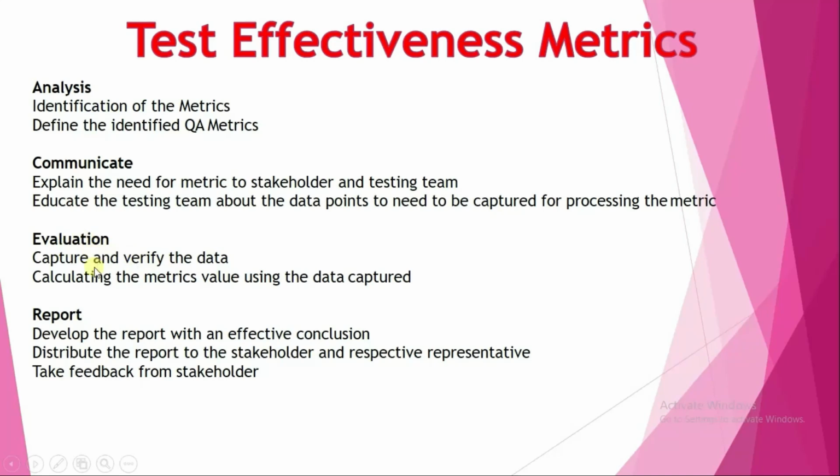Then evaluation: capture and verify the data, and calculate the metric value using the data captured. Then report: develop the report with an effective conclusion, distribute the report to the stakeholders and respective representatives, and take feedback from stakeholders.